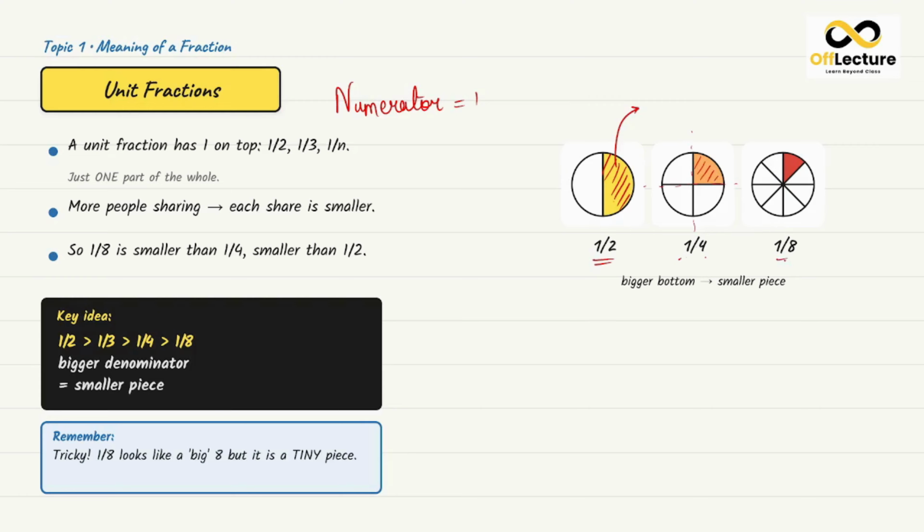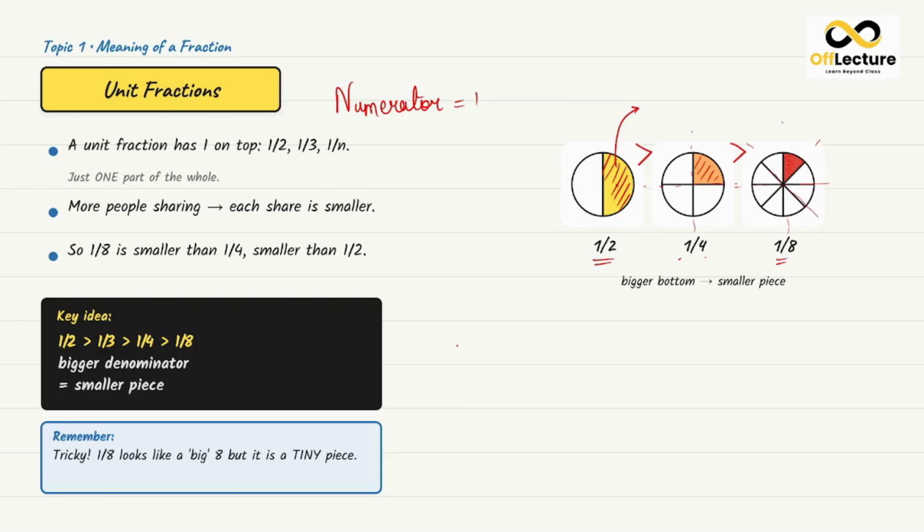And if you see here also, when we are representing 1 by 8, there are 8 equal parts that we made, out of which only one is shaded. So the size of this shaded area is smaller than this one, which is smaller than this.